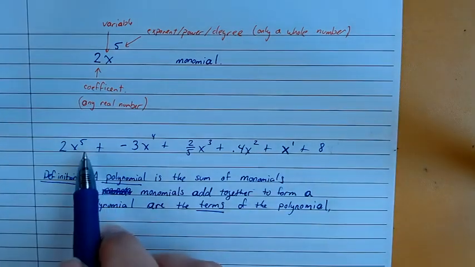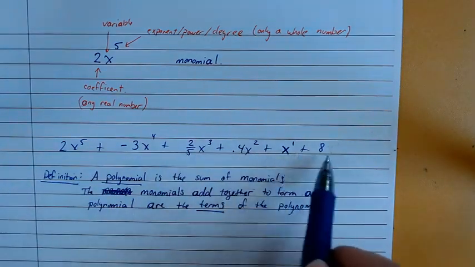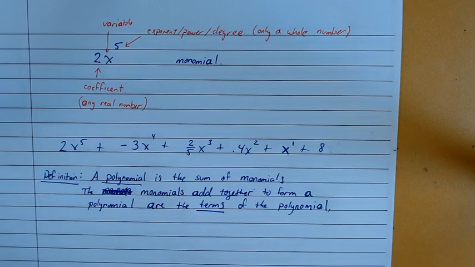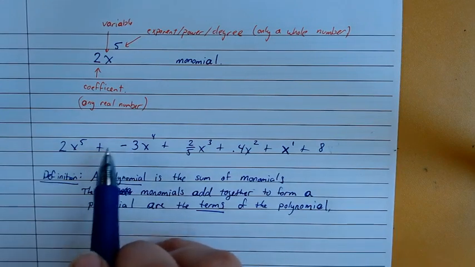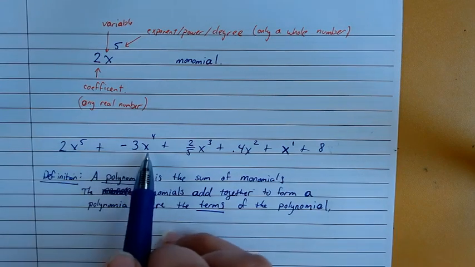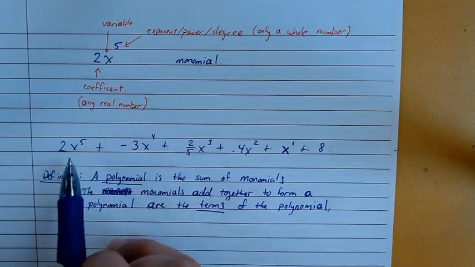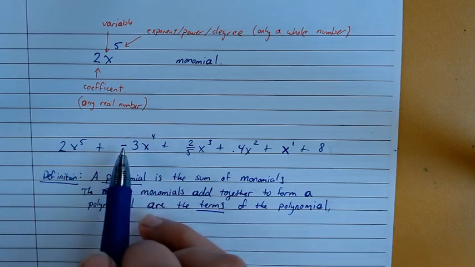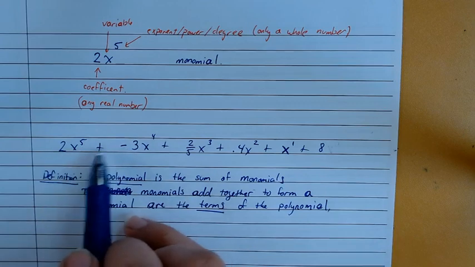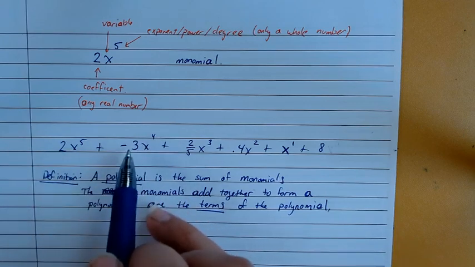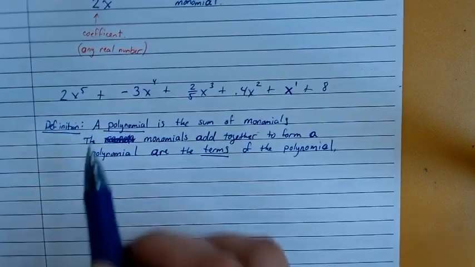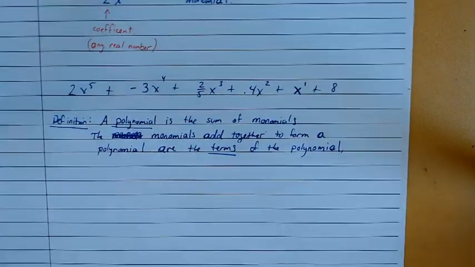So here, this has 1, 2, 3, 4, 5, 6 terms. Here, the term includes the negative, because here we're adding a negative 3x to the fourth. Since the monomial itself included a negative, and that's what was being added in, the term itself includes the negative as well. So terms can be positive or negative.